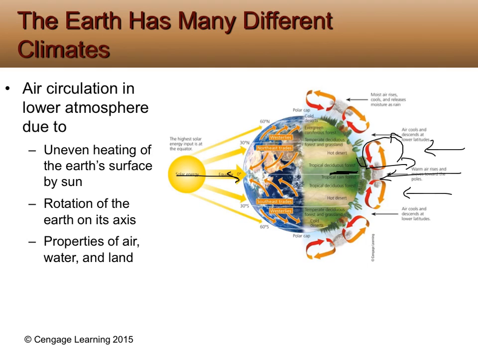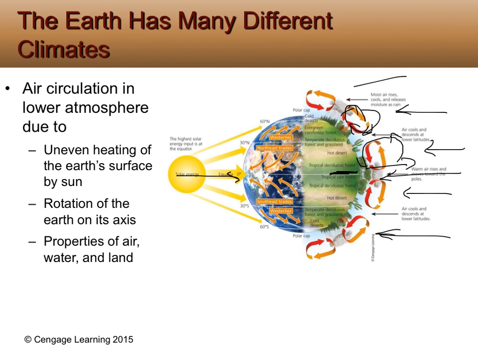Then we get that warm convection current here, and it is going to rotate. Again, it's going to rise up, it's going to cool, and it's going to come back down. Those are called Ferrel cells. Ferrel cells are about 30 to 60 degrees north and south.